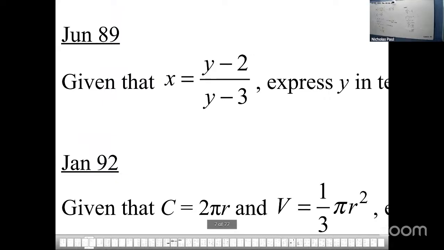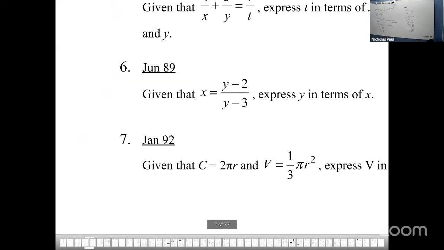X is equal to y minus 2 over y minus 3. Technically, you're using the same three principles I just told you. Get rid of the fraction. Make y the subject of the formula, right?